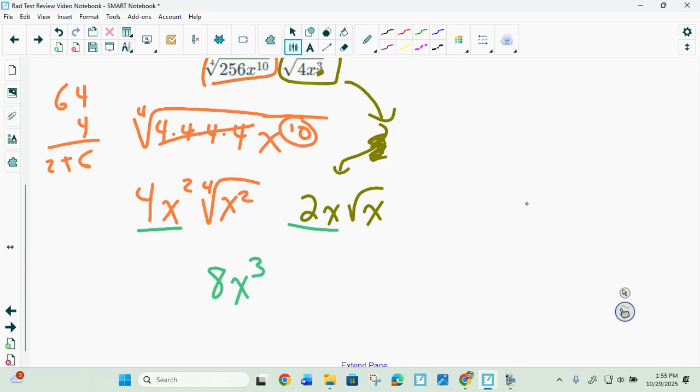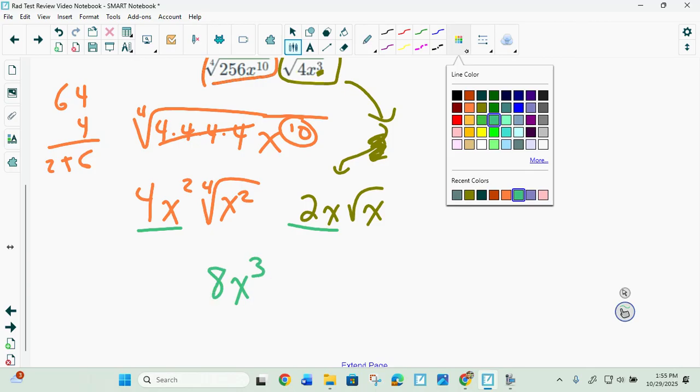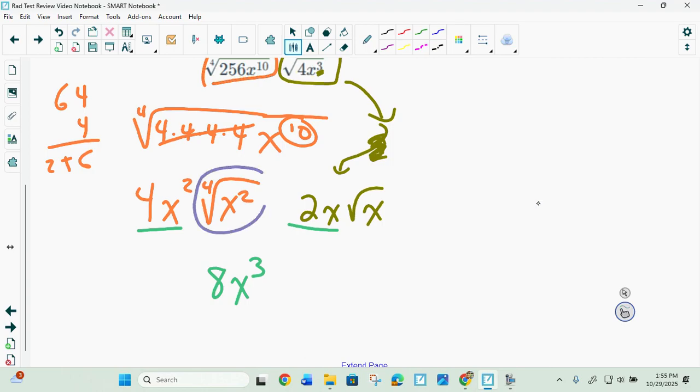We're good with that. The hard part is we got something over here and something over here. What are we going to do? All right, let's rewrite them. So this first one, the 4th root of x squared, I can rewrite as this. Now, it's going to be helpful if I simplify that. Does everyone agree x to the 2/4 is x to the 1/2?